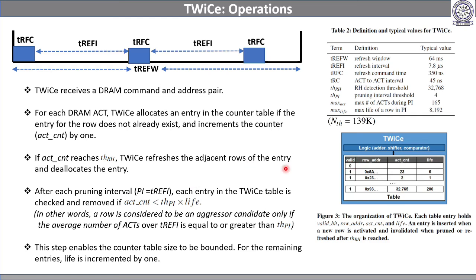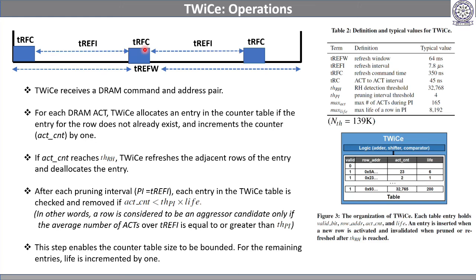Now the next question is when they are calculating these values, these 6 or 7, how are they calculating them? They are not calculating every time. And this is also one of the reasons that they consider PI equal to the refresh interval. Why? Because if you remember from the last class, after every refresh interval a refresh command is issued to this bank, and after issuing a refresh command, it takes TRFC time to complete the refresh operations.